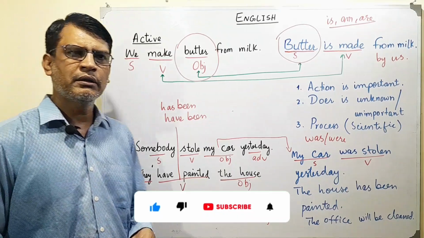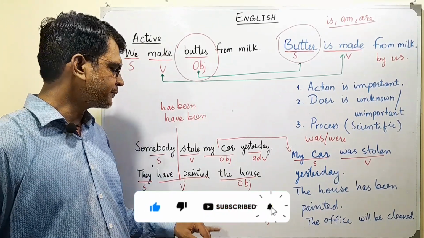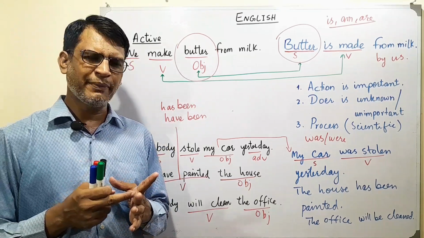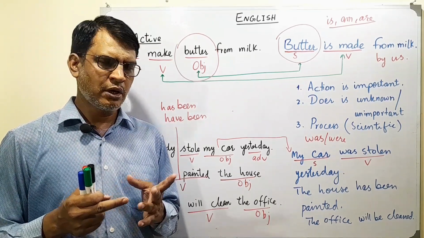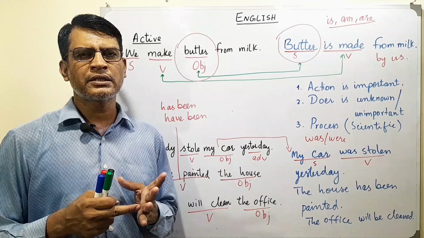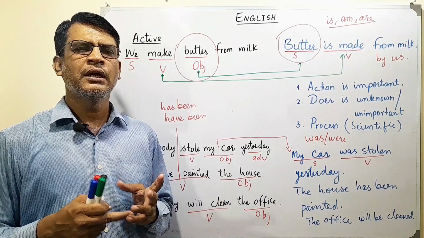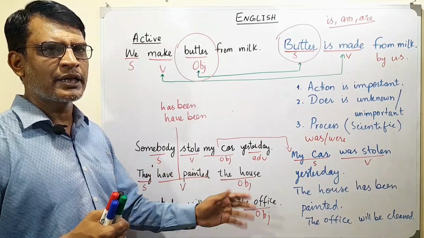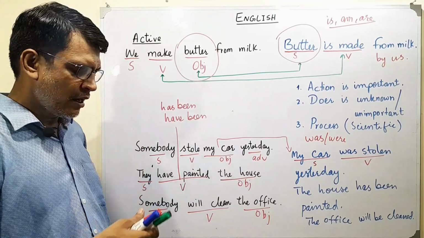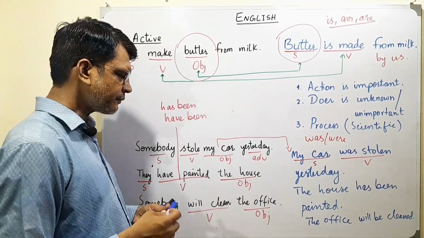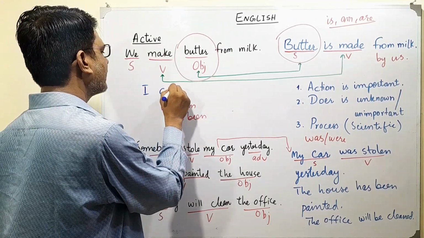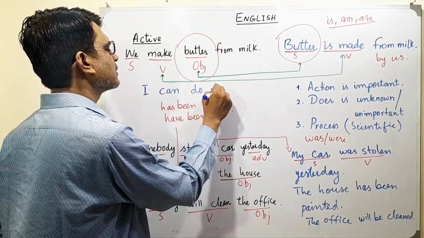All the modal verbs, as we call them, like will, can, could, may, might, should, ought to, have to, has to, must, need, they all will carry be and third form of verb in the case of passive. For example, let's see if I am using an example like I can do it.